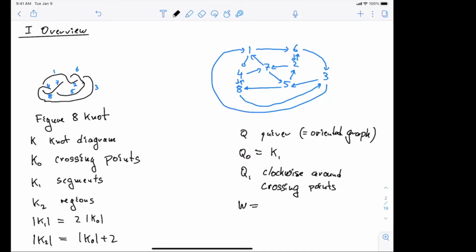Let me write this as the sum of the clockwise cycles, the K0 cycles, those that correspond to crossing points, and then subtract the K2 cycles. These come from the regions. So that's the potential.